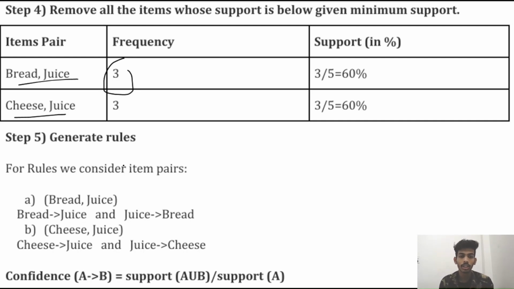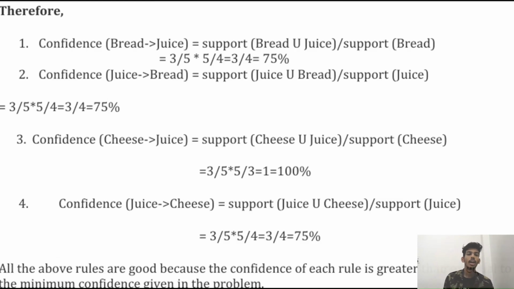Now we generate rules. For rules we consider the item pairs. We find the dependency of items: bread to juice, juice to bread, cheese to juice, and juice to cheese. Confidence A to B equals support count of A union B upon support count of A. Now we find the confidence of bread to juice.